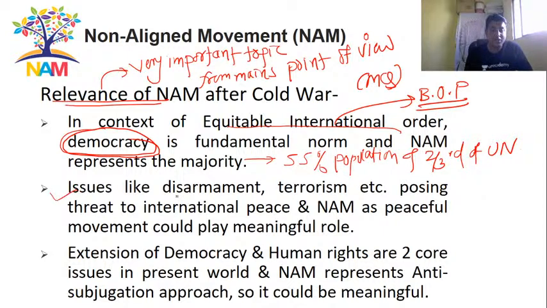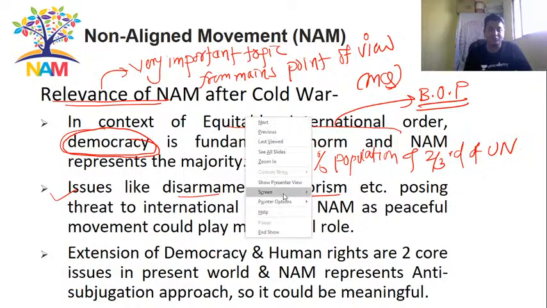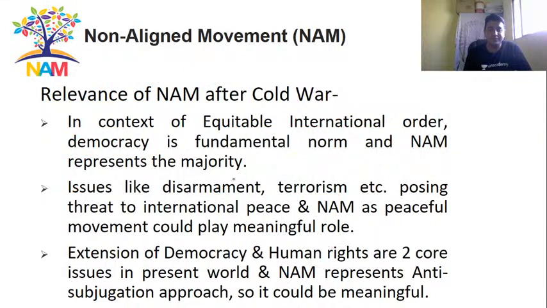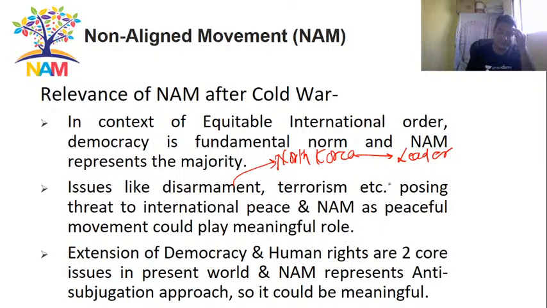Next thing, issues like disarmament and terrorism are posing a threat to international peace. Some of you forget about disarmament, so let me give the example of North Korea, their leader Kim Jong-un, in short a man with chubby cheeks.